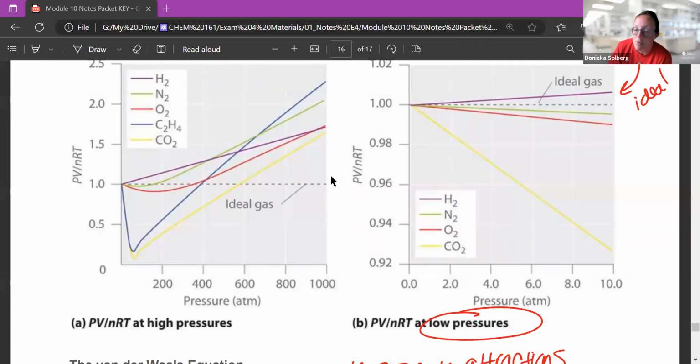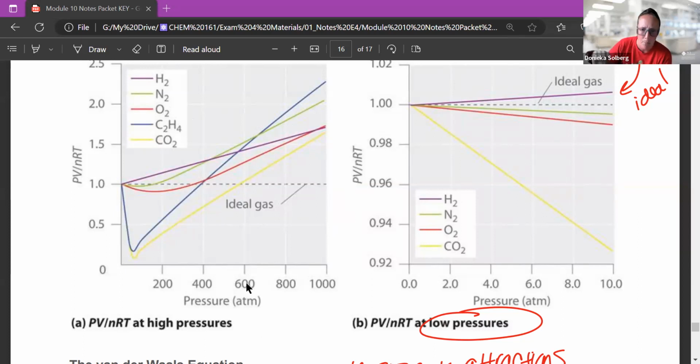The higher the pressure, the more they're deviating from an ideal gas. Under high pressure, they're going to start interacting with each other. Also, you can see at very, very low pressures, there's a couple that go wonky, the C2H4 and the CO2, those are for different reasons. But the higher the pressure, the more they deviate. These guys up here are pretty close to ideal, and then everything starts to go crazy.